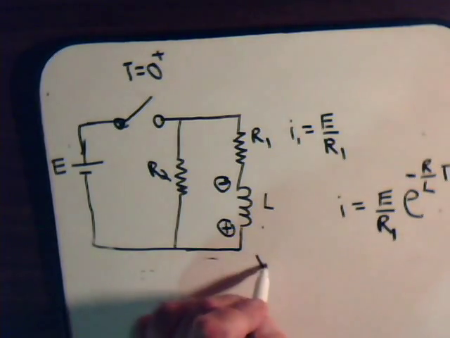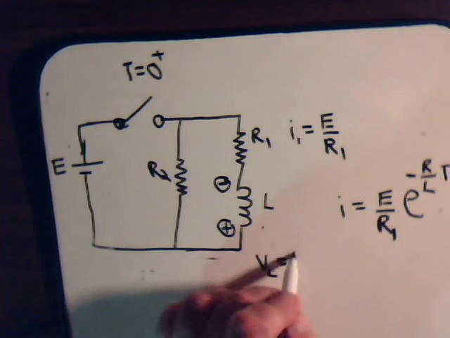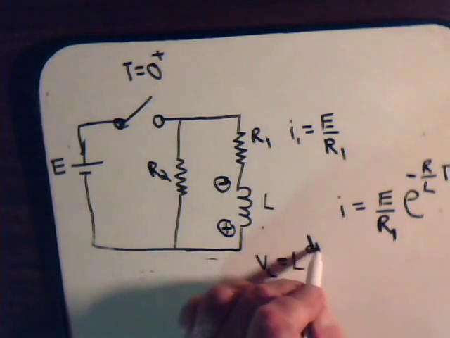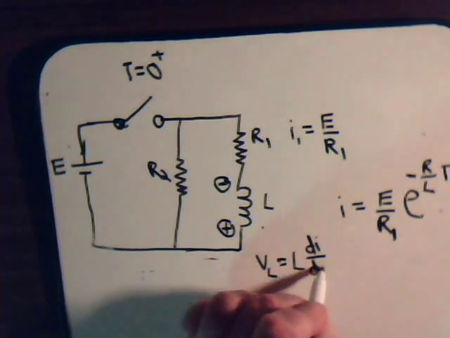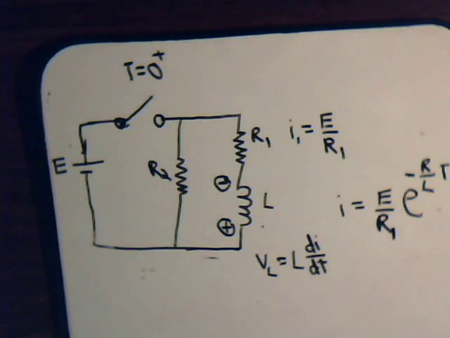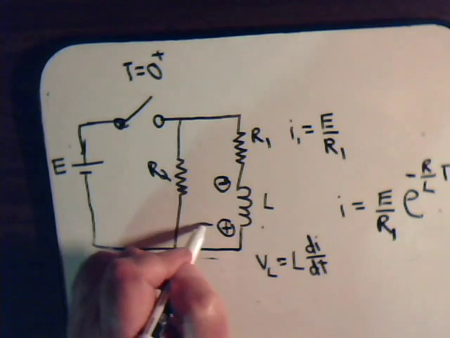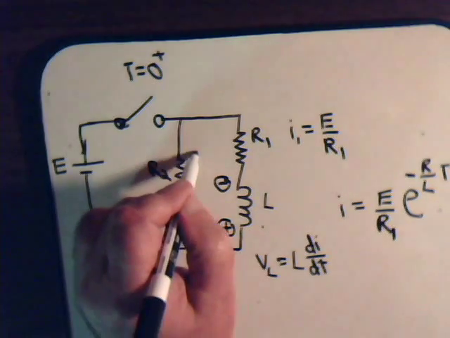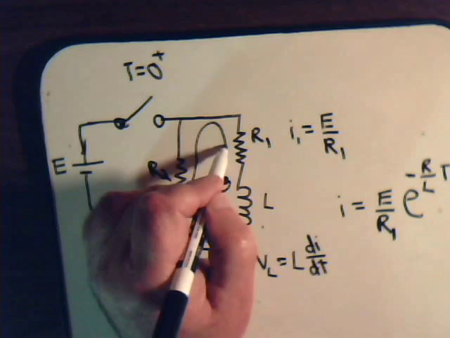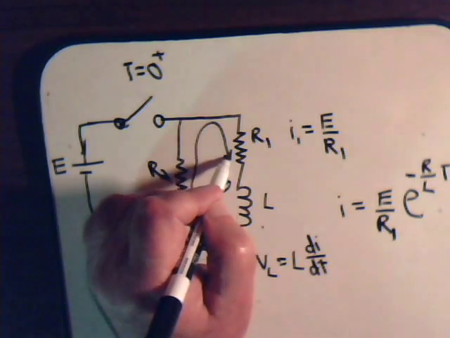And again, that voltage is L di/dt. di/dt, of course, is the instantaneous change in the current. So this now can drive a decay current across these two resistors, R2 and R1.